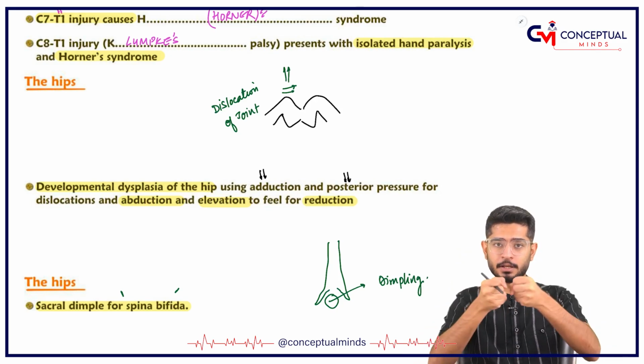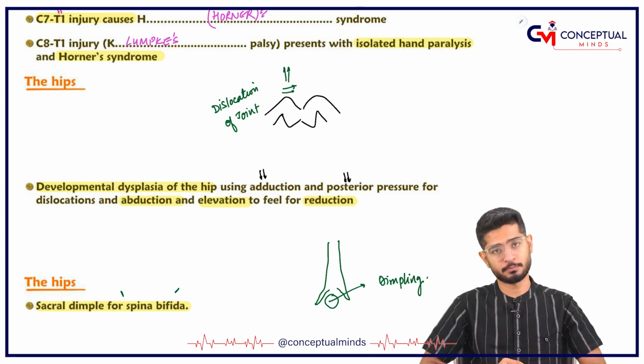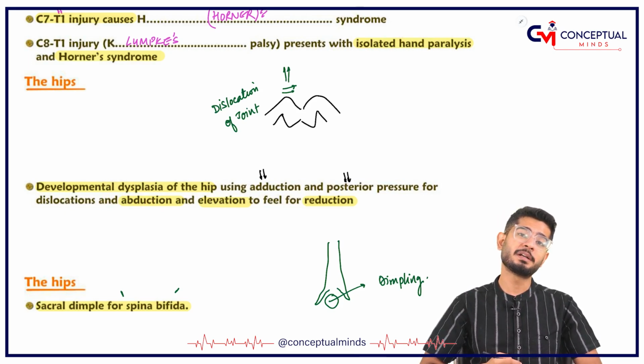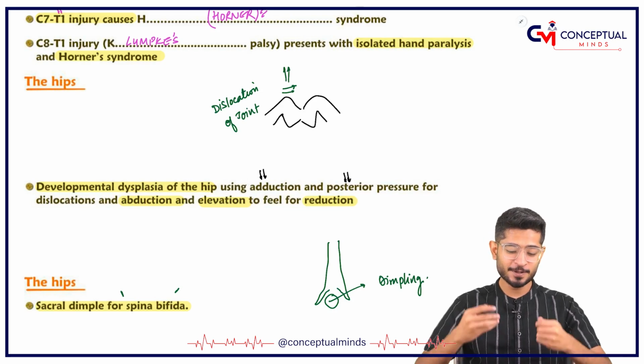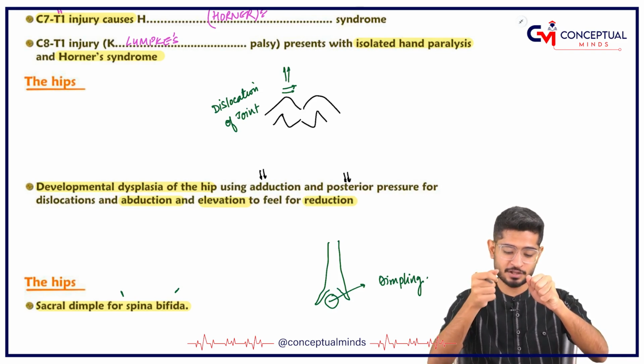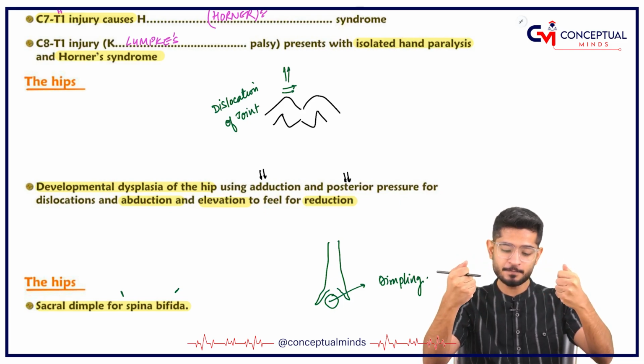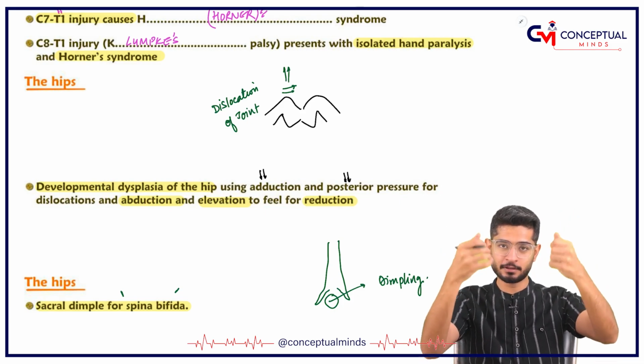Hold the hip, adduct them, put the posterior pressure. That means the hip is out, the femur is out. So this is the way to check the developmental dysplasia. But of course you have to relocate also. The dislocated portion has to be relocated. How? You will have to abduct the hip and elevate.